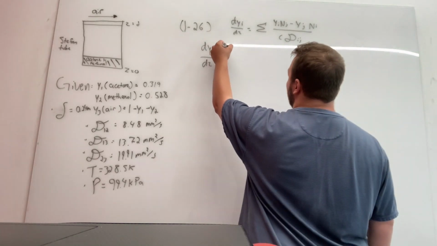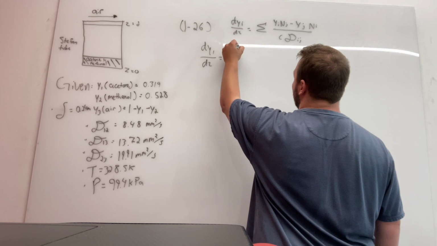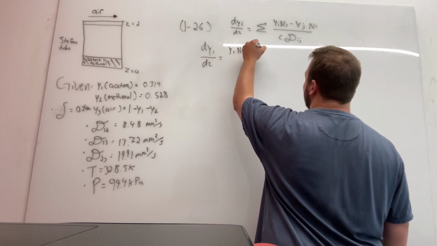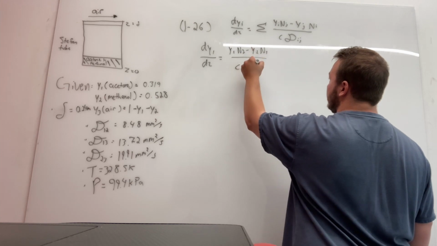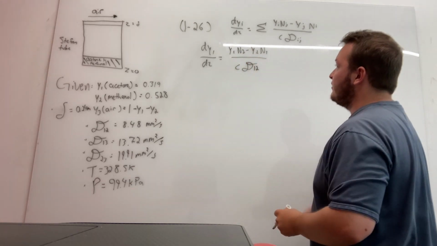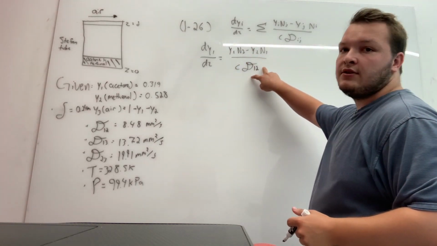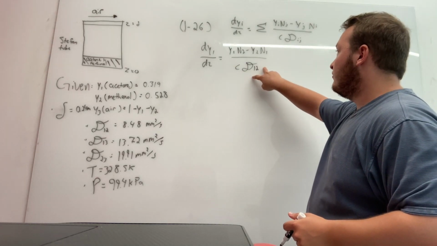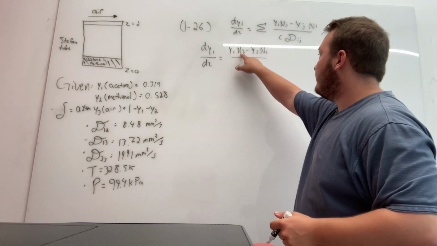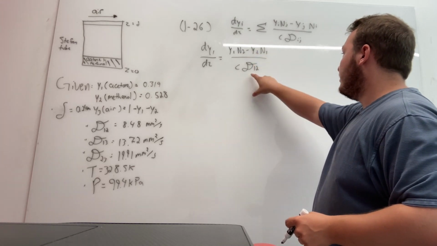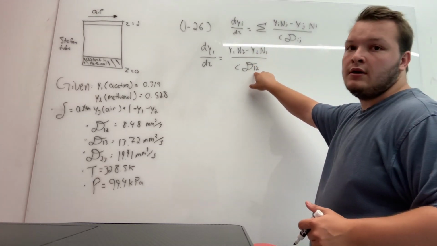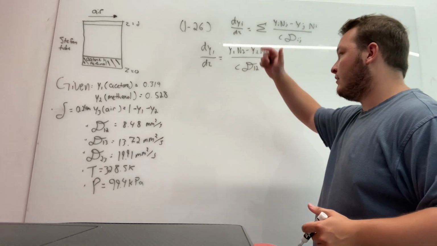So you start with y1 over c, times the interaction between acetone and methanol: y1 N2 minus y2 N1, all over concentration times the Stefan-Maxwell coefficient of 1, 2.